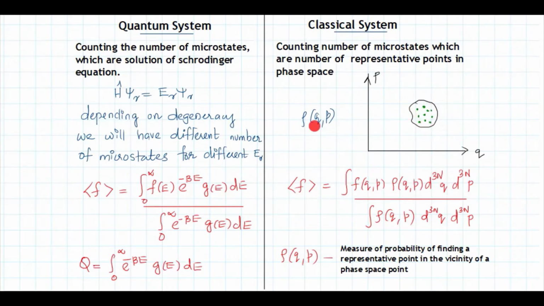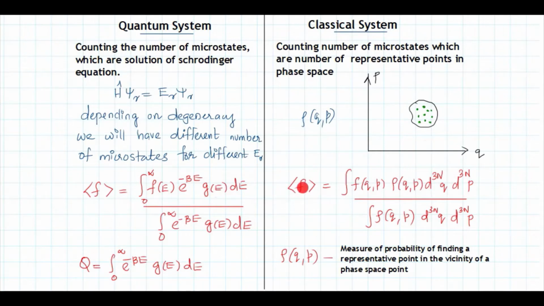That is the definition of this density of representative points. In the quantum case, this g of E is actually the density of states, that means various energy states. Here this rho of q p is the density of representative points. Each of these points represents a system in the ensemble.